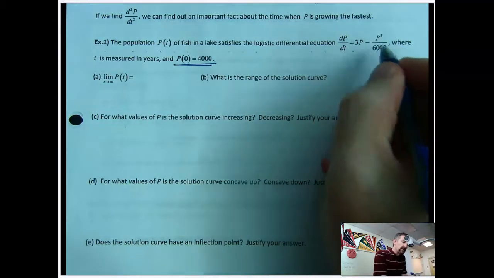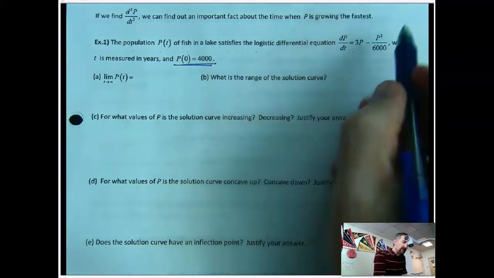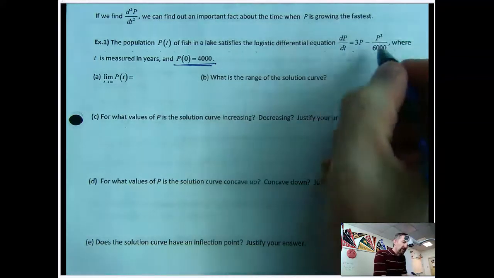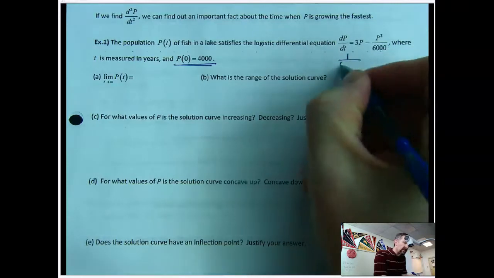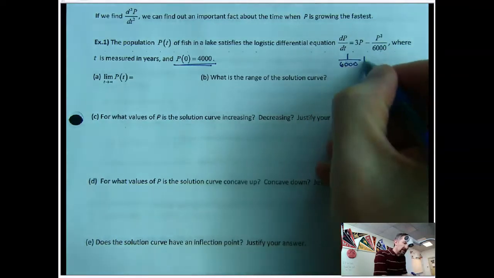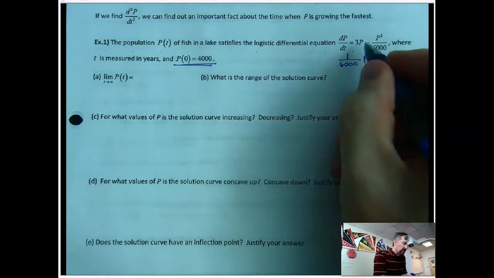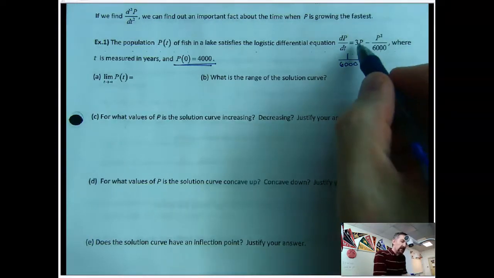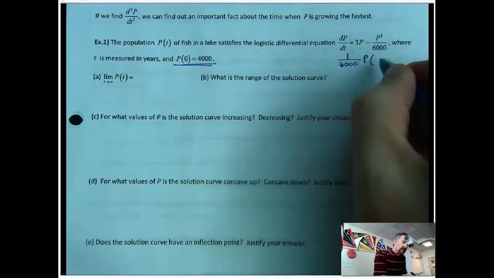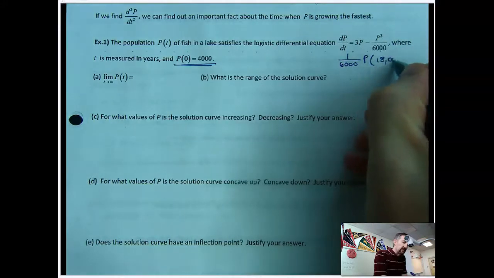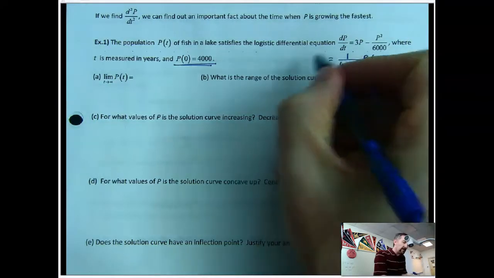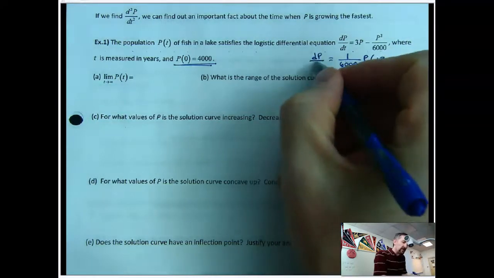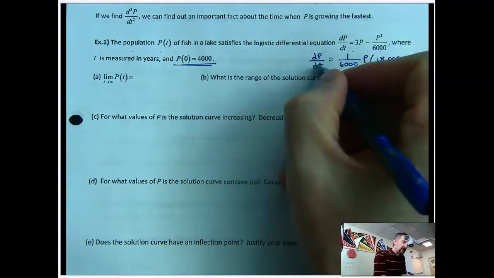We notice there's no fraction here, so we want to get that out of the way. If we divide by 1 over 6,000 times p, then we would be left with 3 divided by that, which is 18,000. So that would be 18,000 minus p. All right, that's the differential equation. That's the derivative with respect to time.